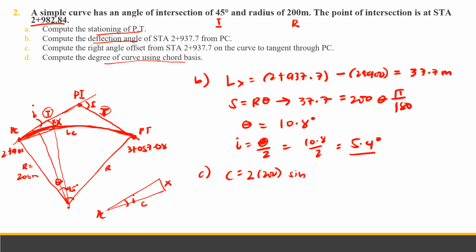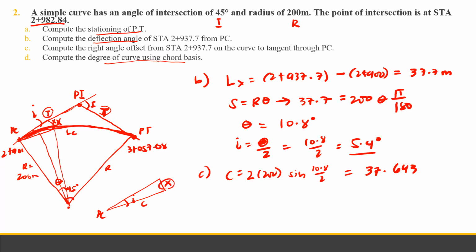This time, yung central angle natin is 10.8 over 2, 5.4. So, this will give us the chord from PC to point X, which is 37.643.